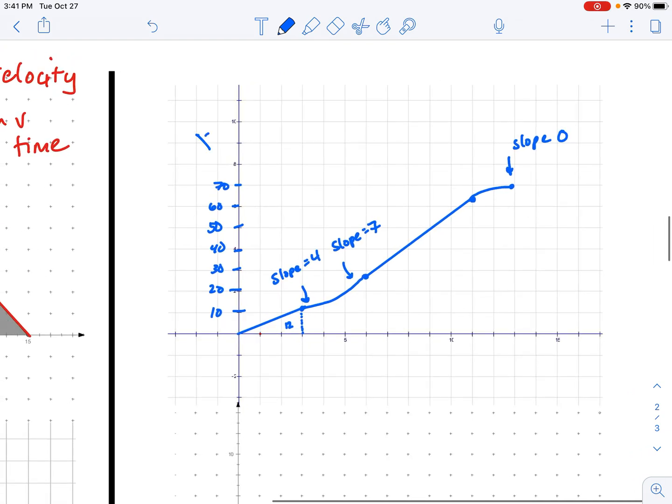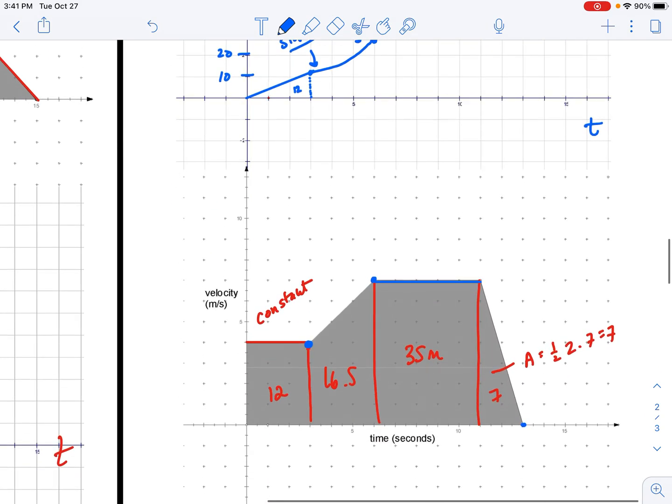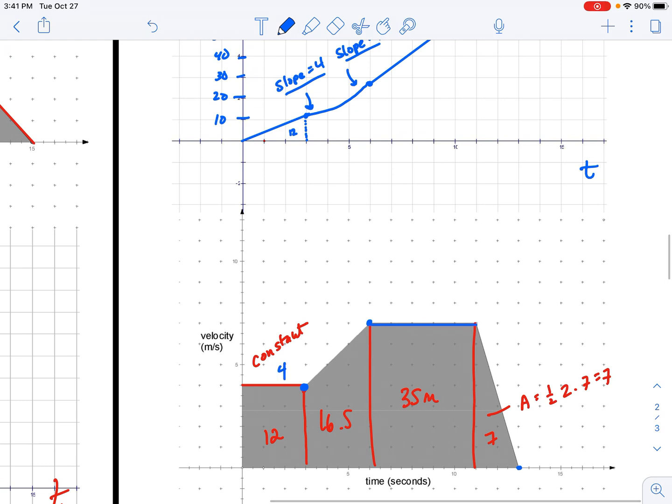So remember, this is a position time graph, and the slopes on this graph would give me the velocities on this one.